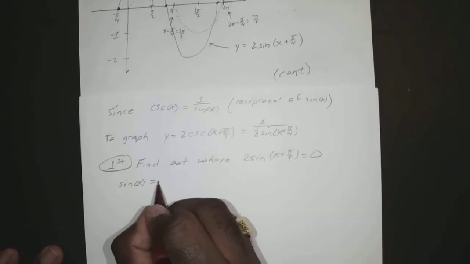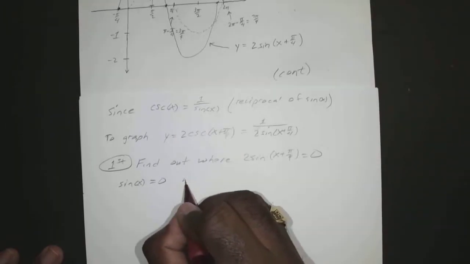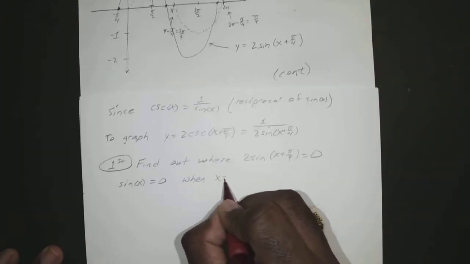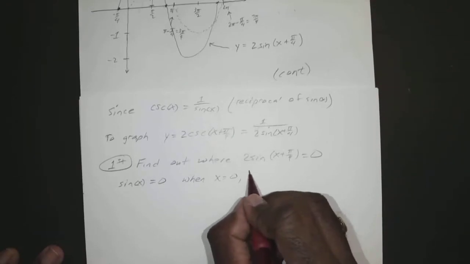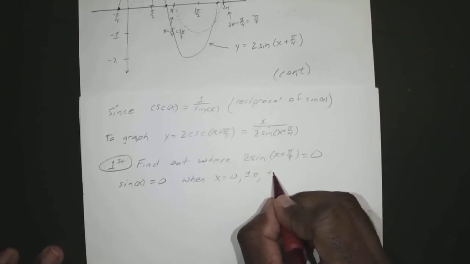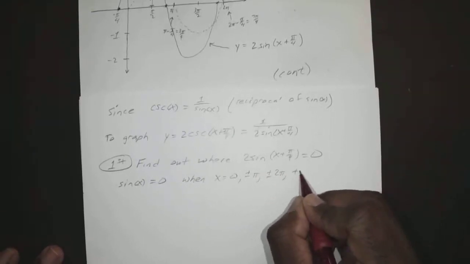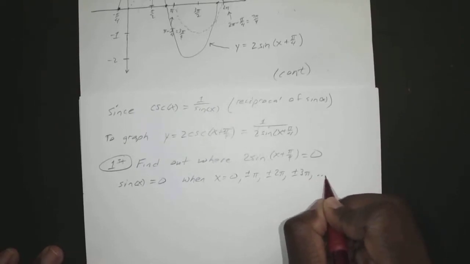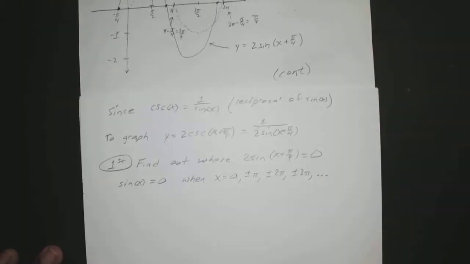Okay. So we know that sine of x equals 0 when x equals 0, either positive or negative pi, positive or negative 2 pi, positive or negative 3 pi, and it keeps on going. The further you go down, it's still going to equal 0 at those points.